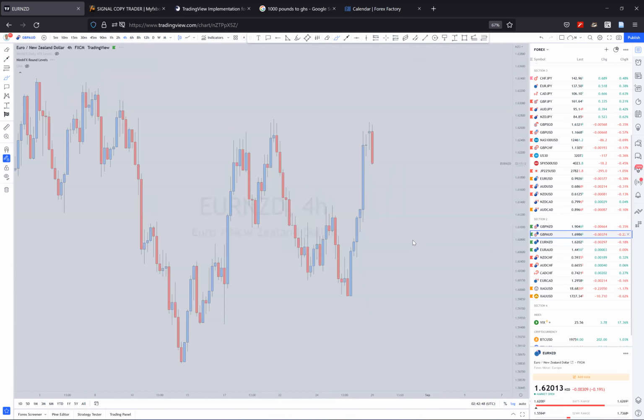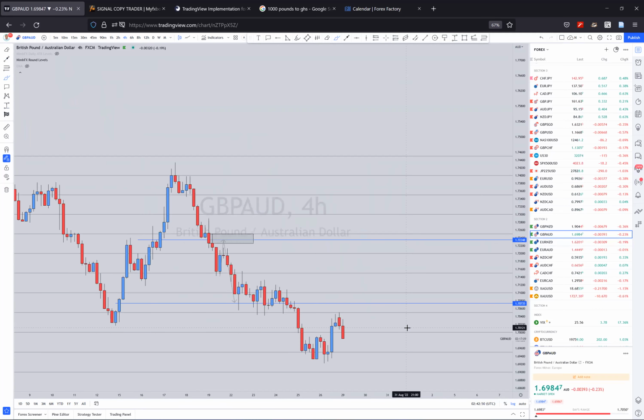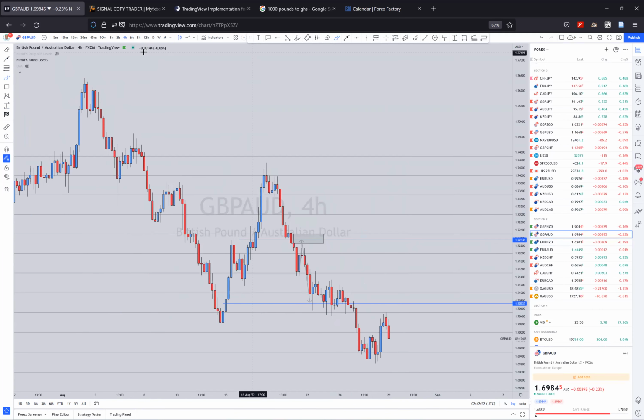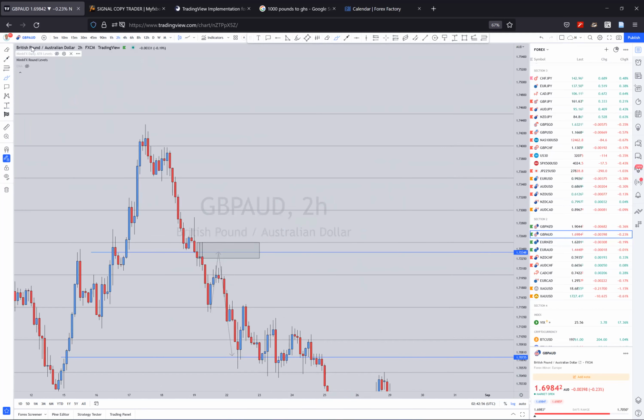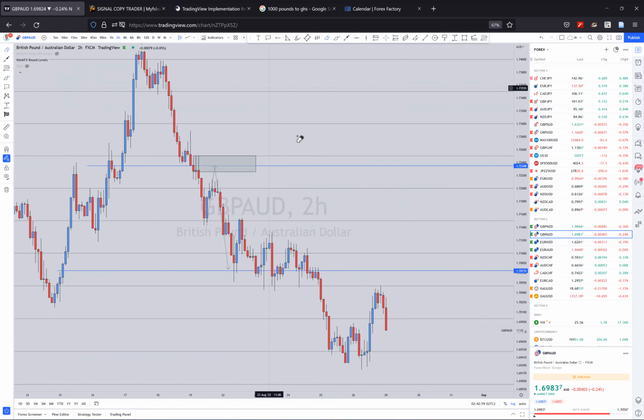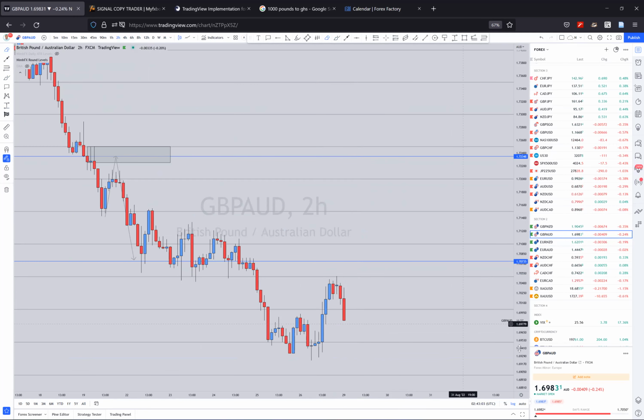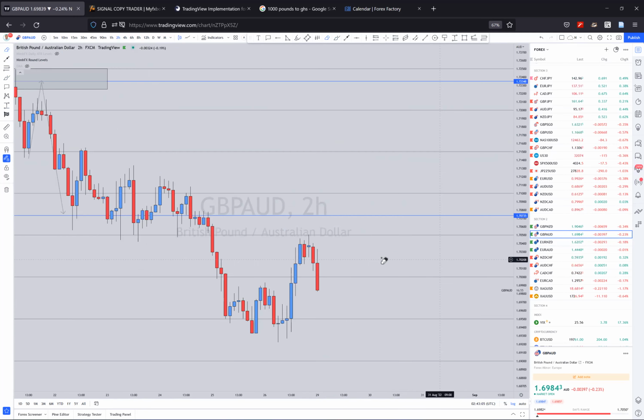We'll see a similar thing for GA. So GA, let me see if there is any liquidity sitting below here. This was a very nice sell here. Tap into liquidity for the drop.